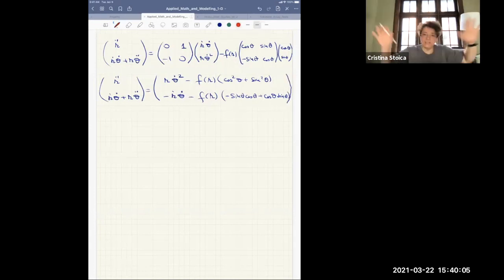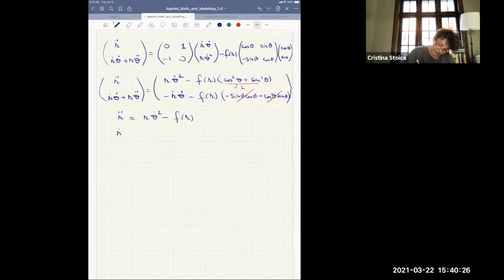Miracle! And this is 1. Oh, I'm getting goosebumps. Okay, so there you go. R2 dots is R theta dot squared minus f of r.